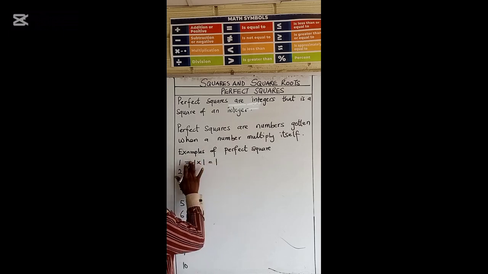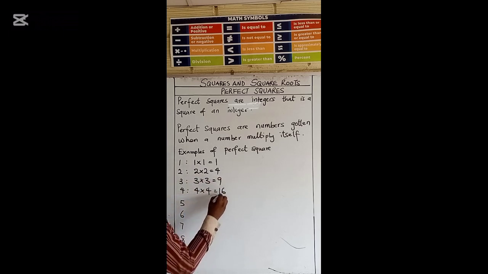So 1 times 1 is 1. Now 2 times 2 is 4. Then we have 3. 3 times 3 gives us 9. We have 4. 4 times 4 gives us 16. We have 5. 5 times 5 gives us 25.